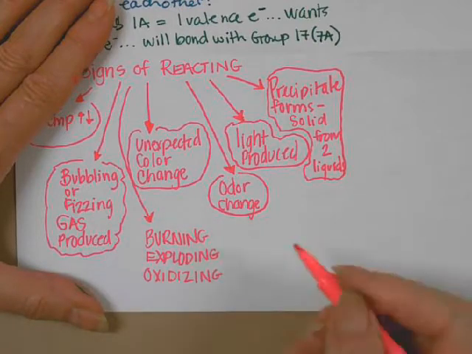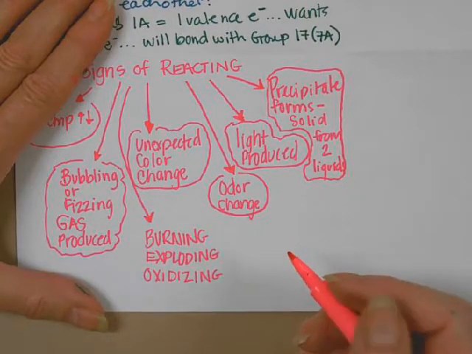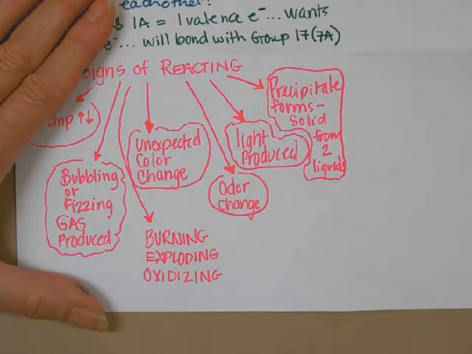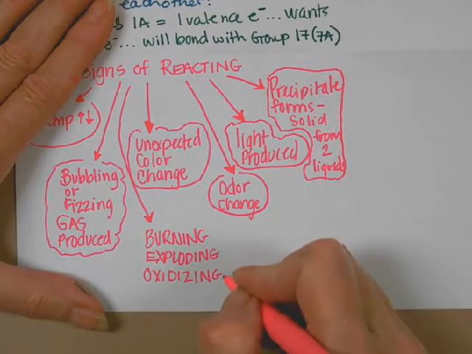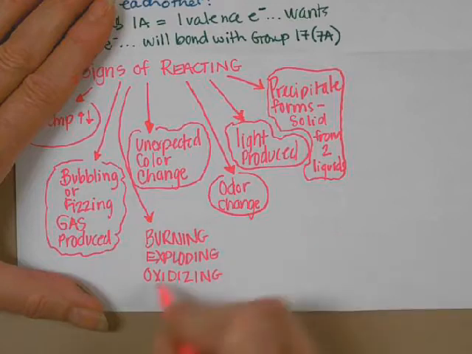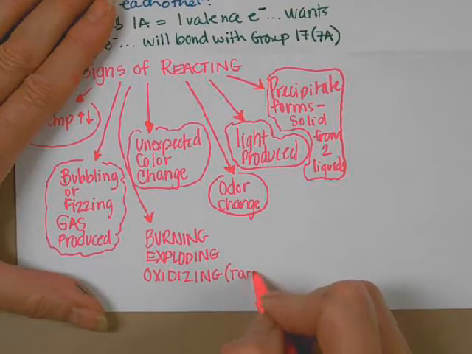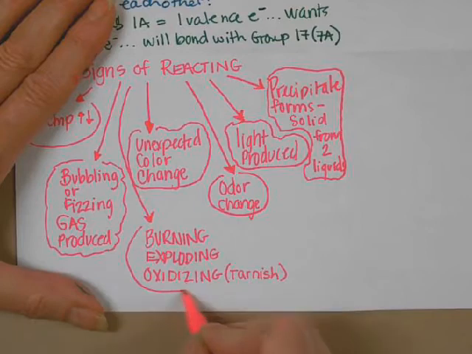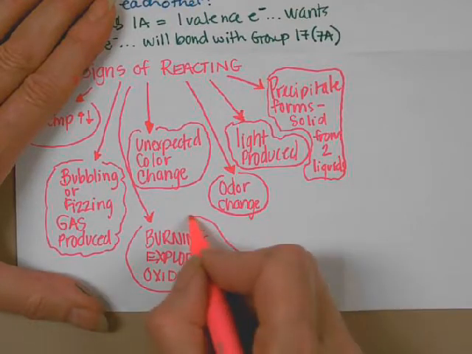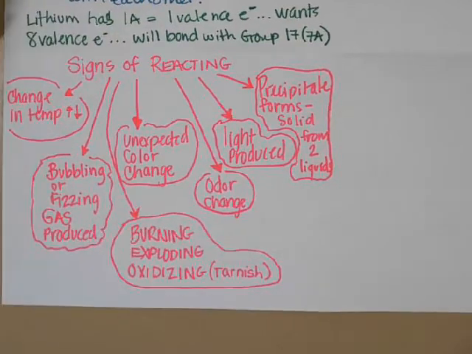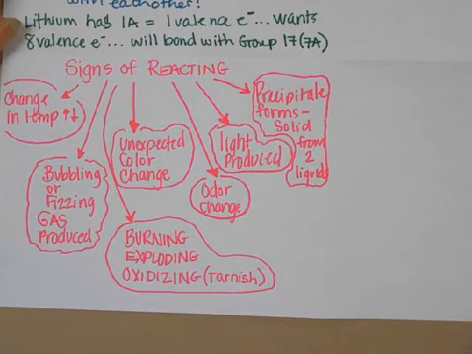Oxidizing was when you produce like silver and you wear your silver and it turns black. That's tarnish that is formed. That's actually something new. So it's when one element reacts with oxygen to form a new substance, and we're going to put tarnish here. So those are some of those signs of a chemical reaction or a chemical change, right?